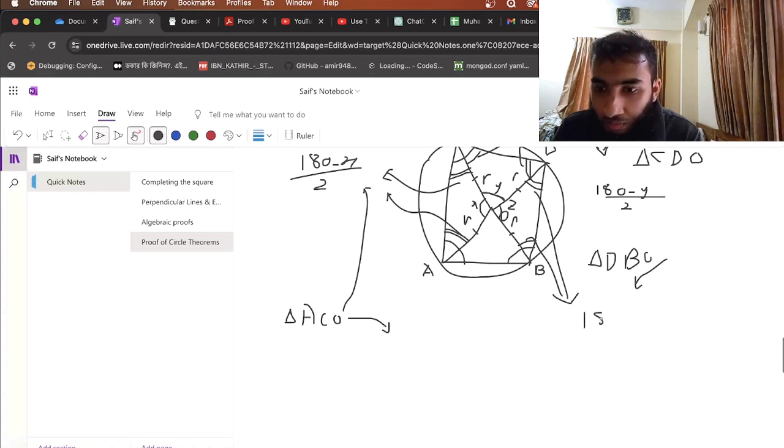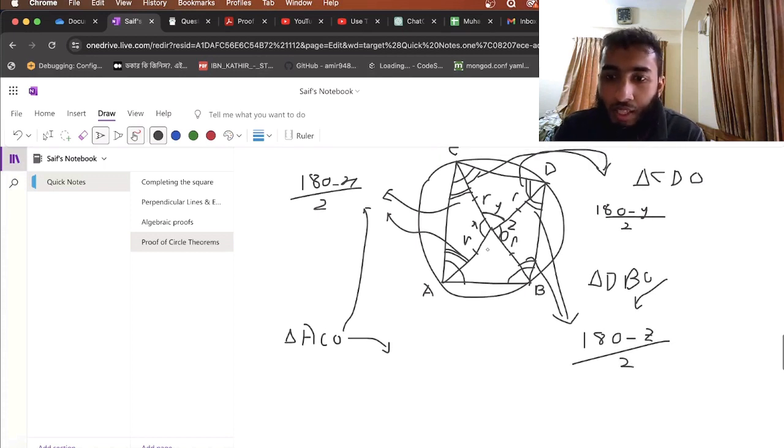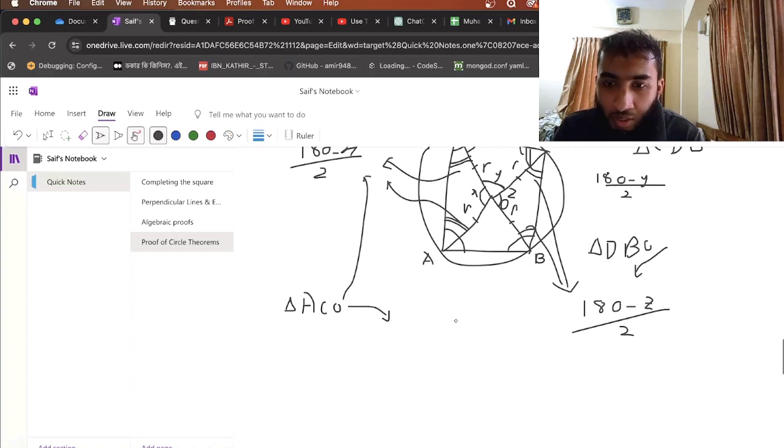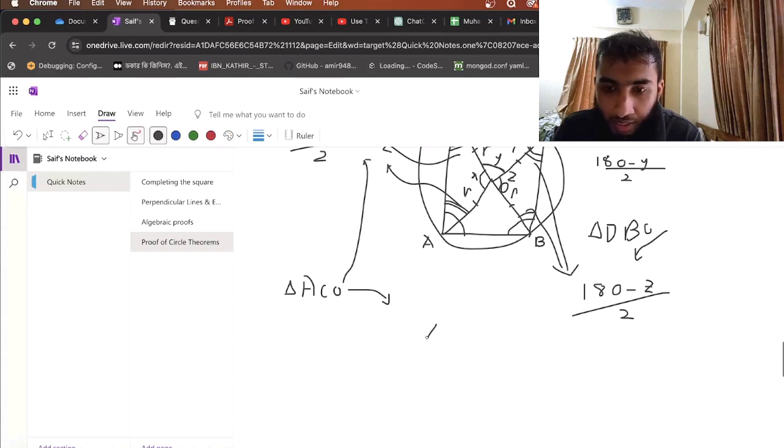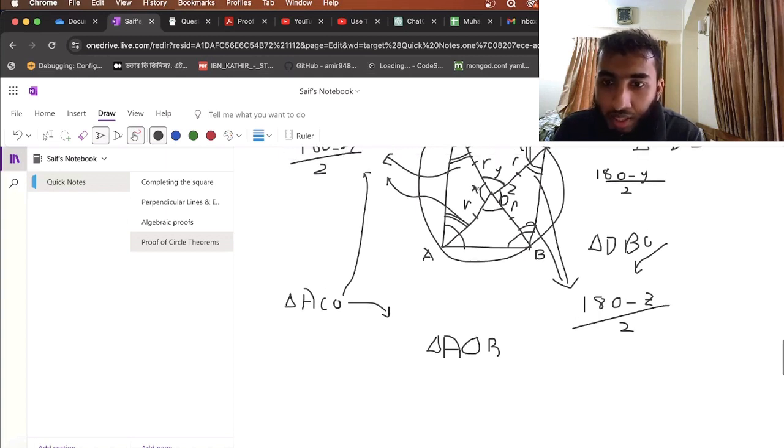180 minus Z by 2. And now if we look at the context of triangle AOB, let's say this angle, because this is x, this is y and this is z, this would be what?